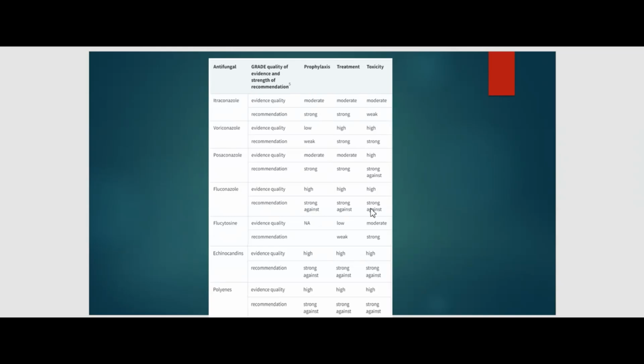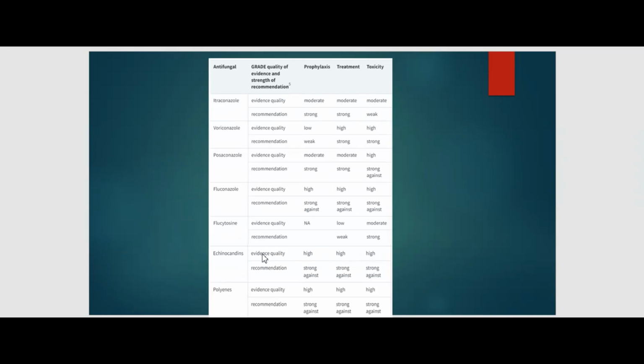Fluconazole, against. We don't do any monitoring for fluconazole. Flucytosine, which is rarely used nowadays for very severe fungal infections, only has a strong recommendation to avoid toxicity, and a weak recommendation for treatment doses.